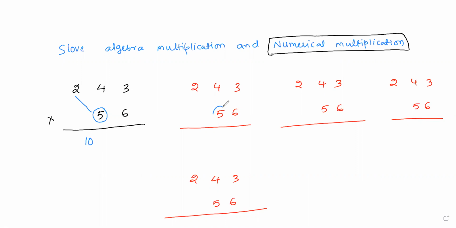Now my 5 is moving to 4. I selected 5, and one digit after. So 20 plus 12, that is 32. Now my 5 is moving to 3, and one digit after. 15 plus 24, that is 39.